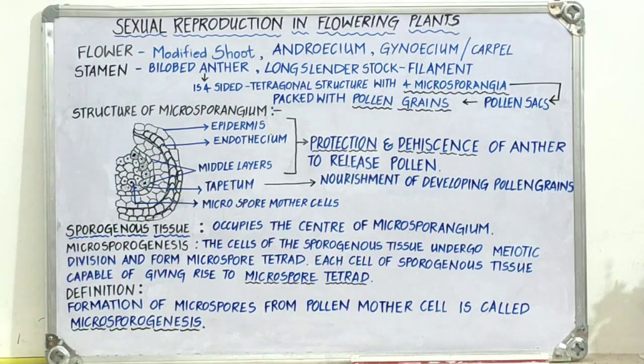Then coming to another part, that is microspores. Just now we learned microspores. Microspores are in clusters of 4 cells. That means microspore tetrad means it is with 4 cells.